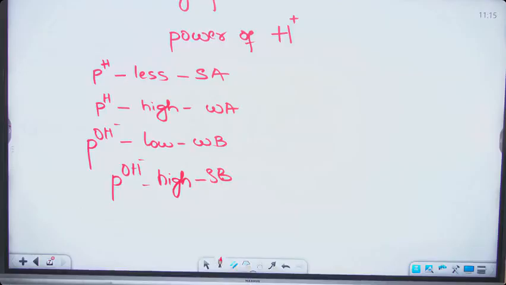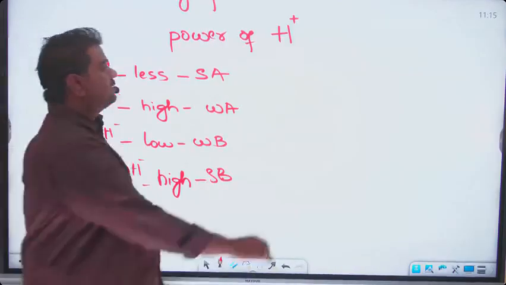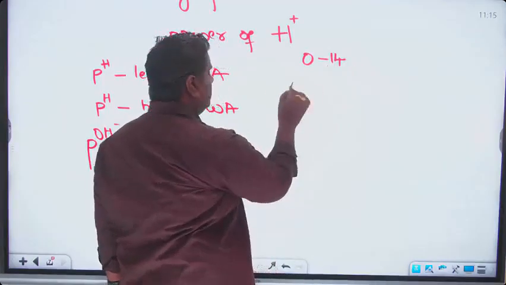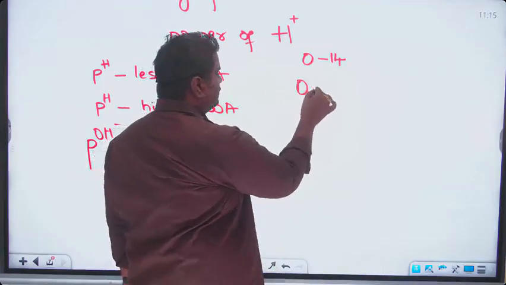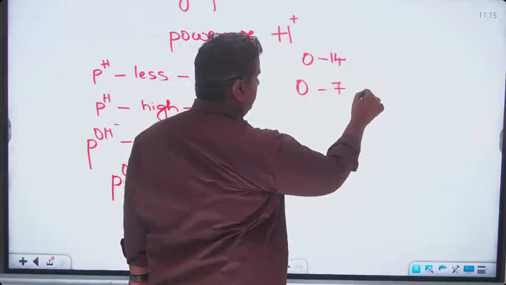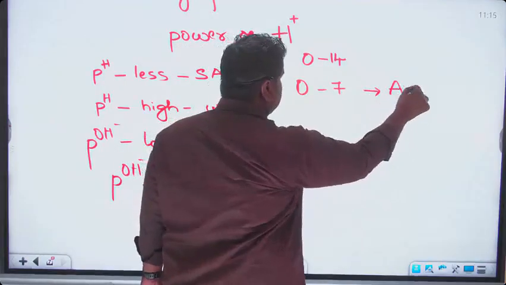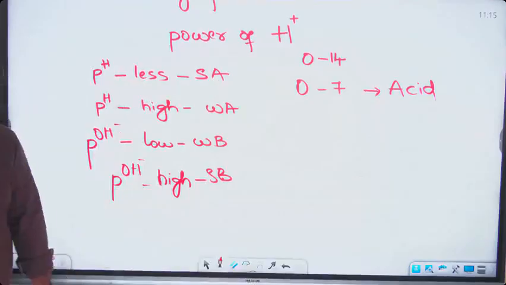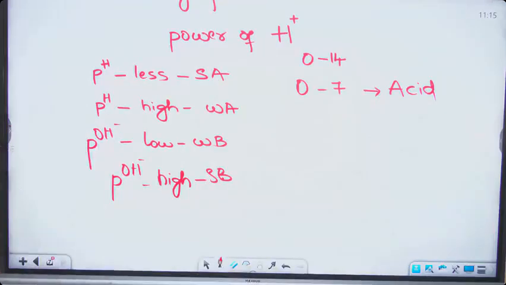Right. So in general, the pH value ranges from 0 to 14, right? So if the pH value is from 0 to 7, it is known as an acid. If pH value is somewhere between 0 to 7, it is an acid.